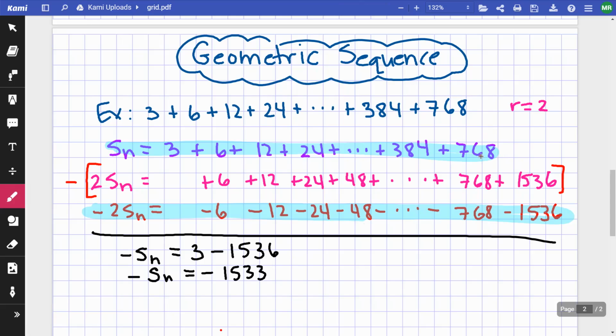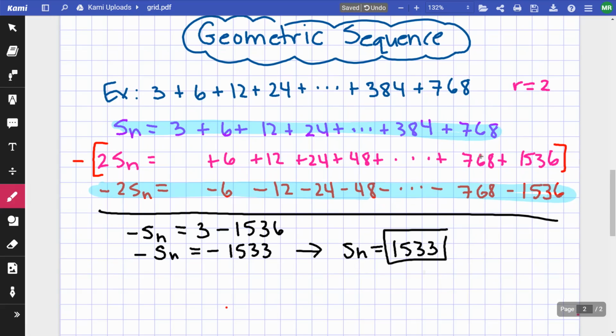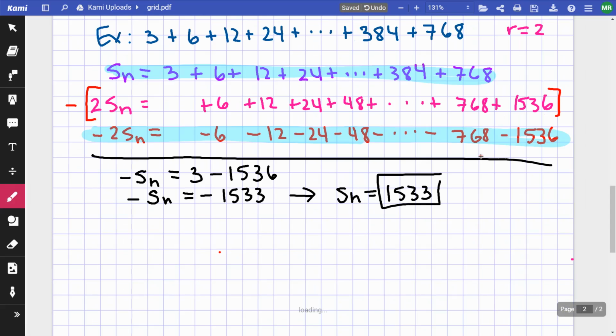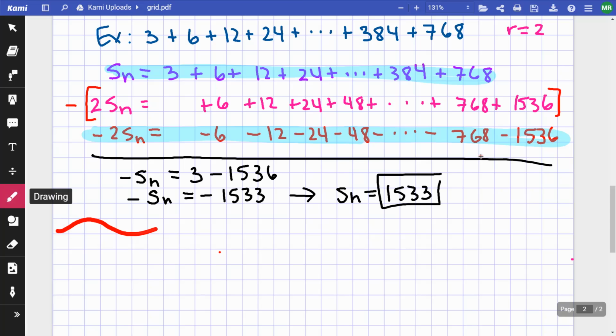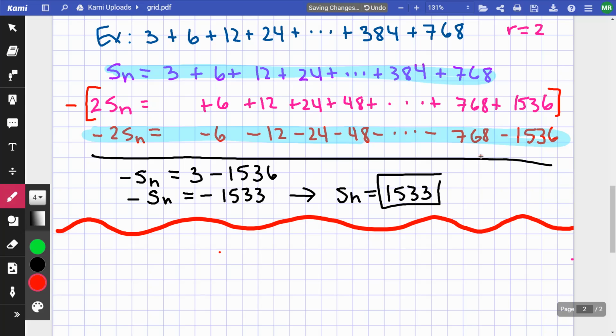I divide both sides by a -1 and I get S sub n is equal to 1533. And that would be my sum. That's one way of thinking about it. I'm going to do this one more time with numbers, and then we're going to try it with a general equation.